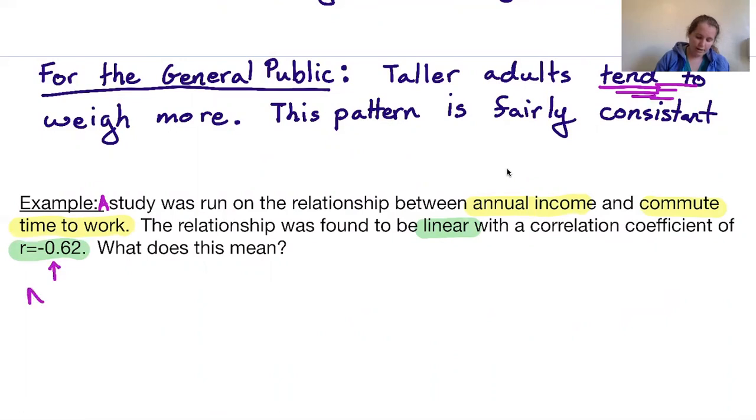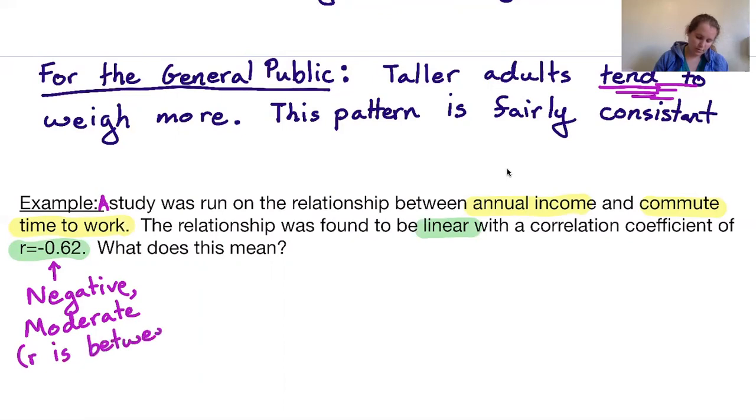So R equals negative 0.62. We have a negative correlation. And then this is moderate. Again, our R is between 0.5 and 0.7 if we ignore the sign.